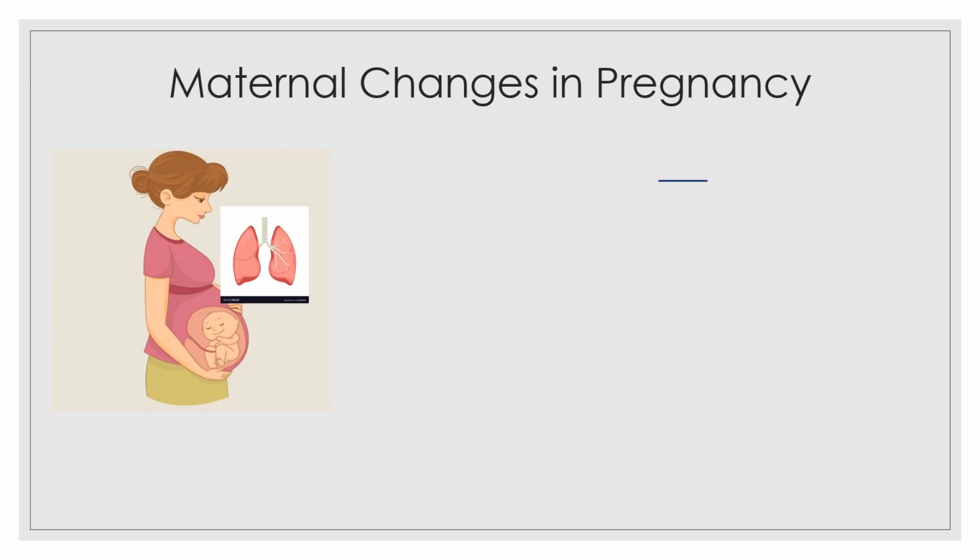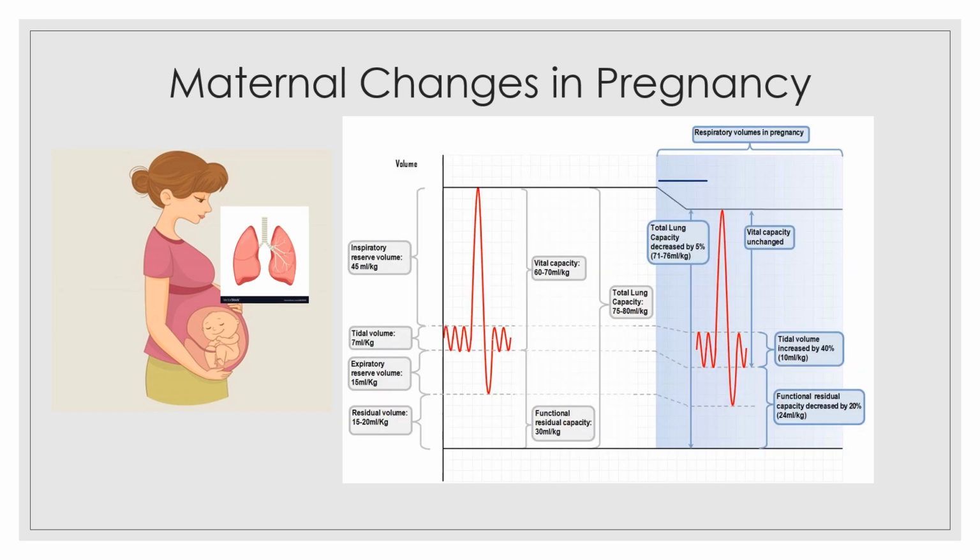Now regarding the respiratory system, this is a pre-pregnancy spirogram. You can see that there is a significant decrease in the expiratory reserve volume and the residual volume.